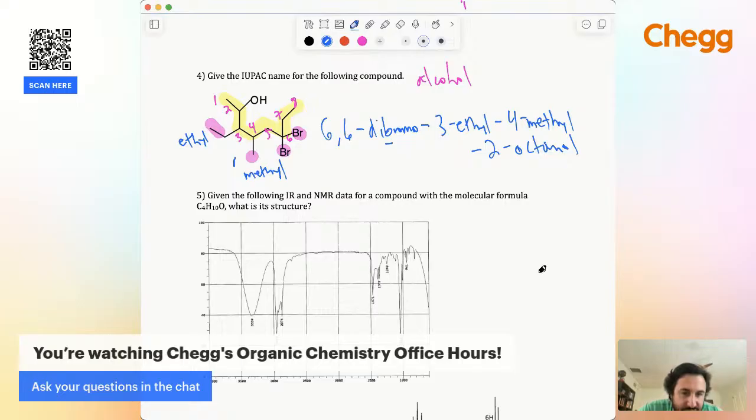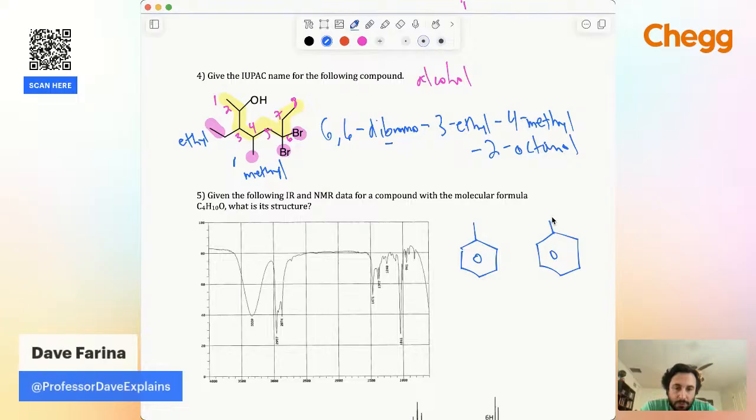Okay, Aisha asks about the acidity of aromatic molecules. So it depends what you're talking about, but for example, if we're comparing toluene and phenol, right?